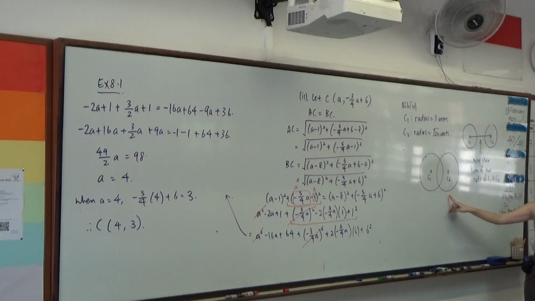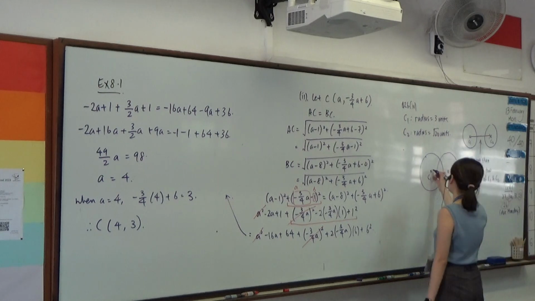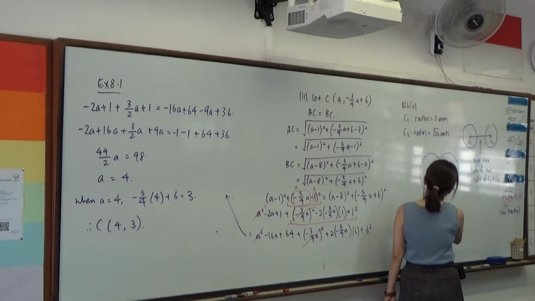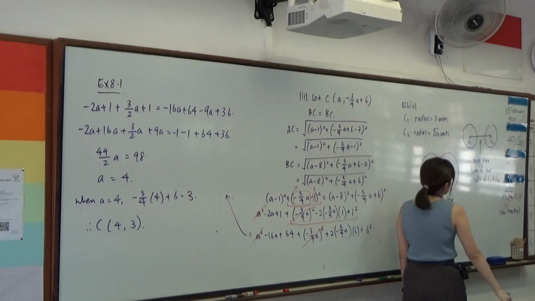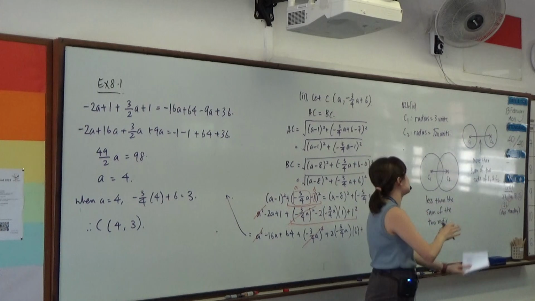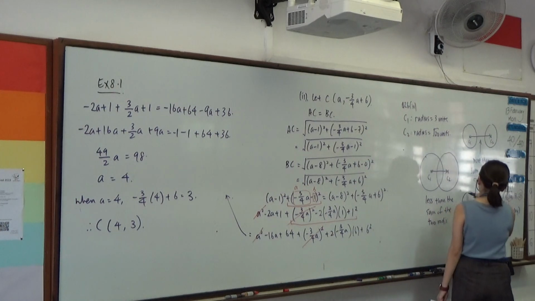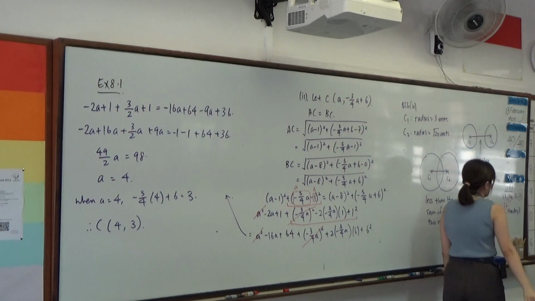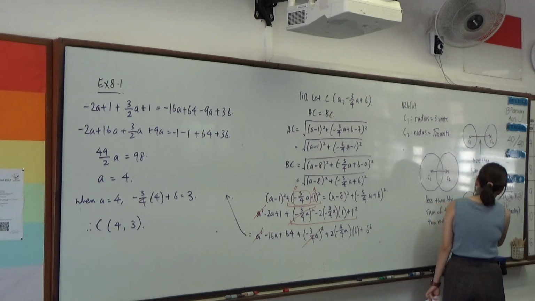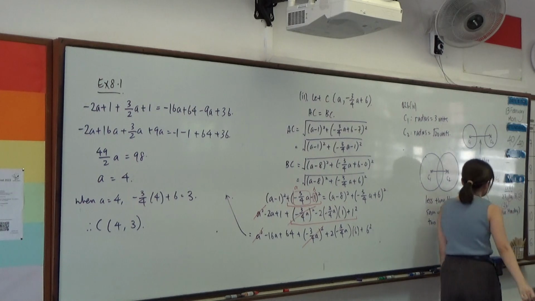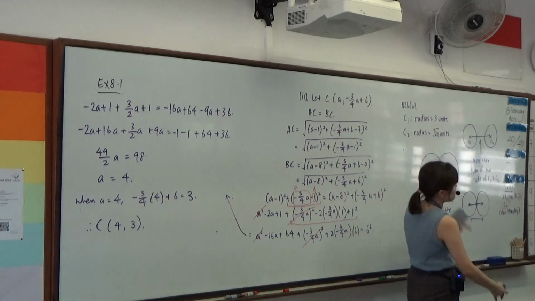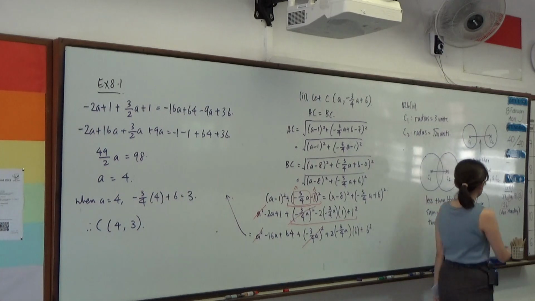Okay, if they overlap, what does this mean? It means that this distance will have to be lesser than the sum. If they meet just nice, looking like that, that means this distance itself, the total distance, must be exactly 3 plus square root 20.